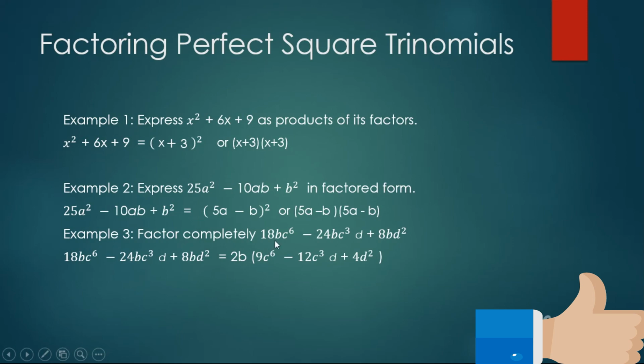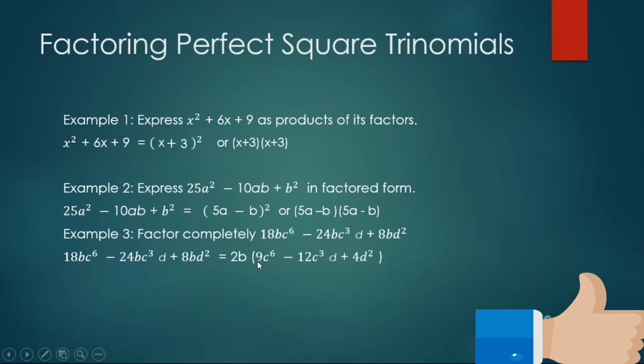So, ang natitira na lang po, 18bc6 divided by 2b ay 9c raised to the 6th power. At ang atin naman pong negative 24bc cubed divided by 2b is negative 12c cubed. At ang ating 8bd squared divided by 2b is 4d squared.